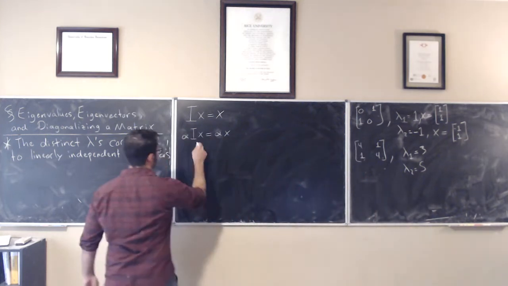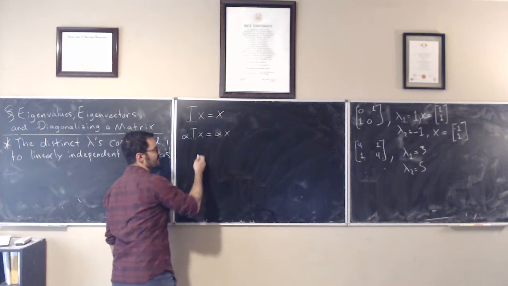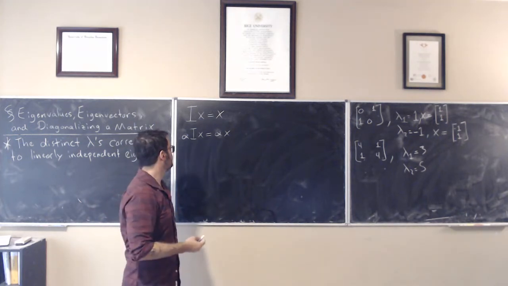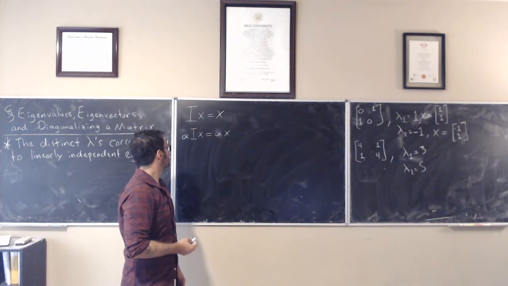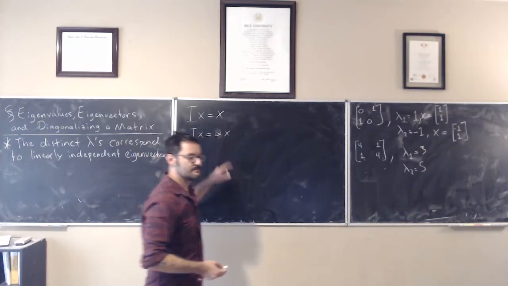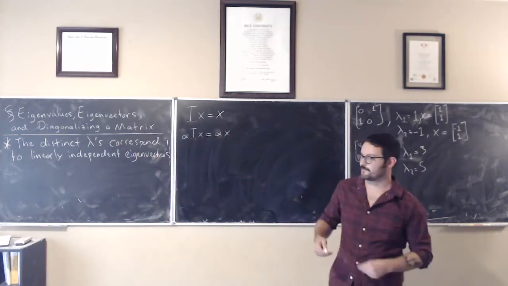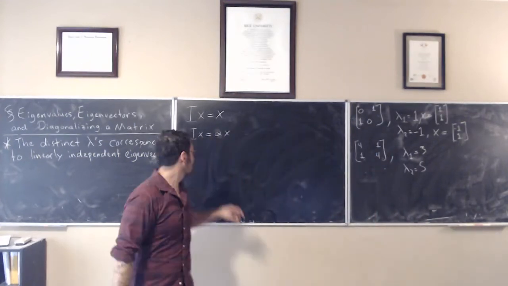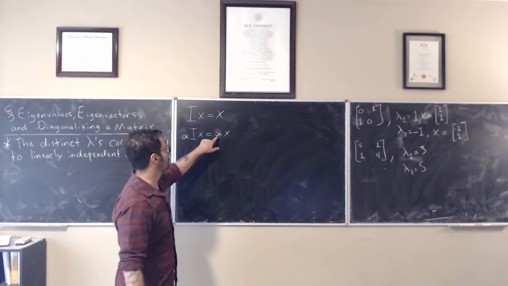So for the identity matrix, every vector is an eigenvector, right? And for any multiple of I, that multiple will be an eigenvalue for any given x. Does that make sense?